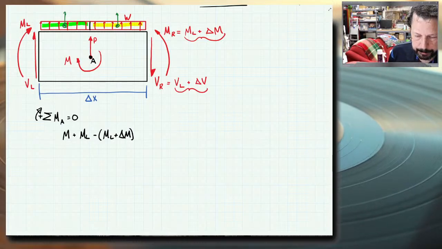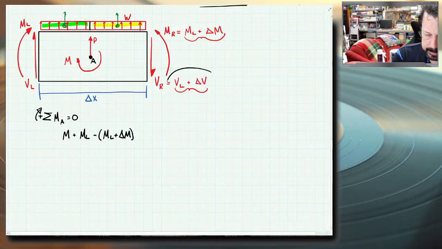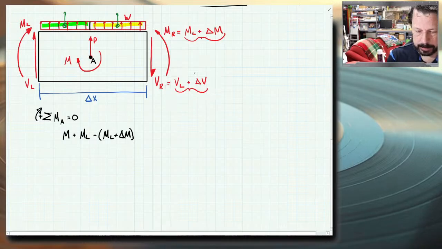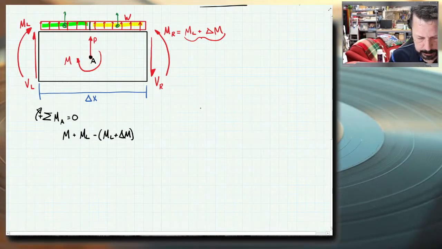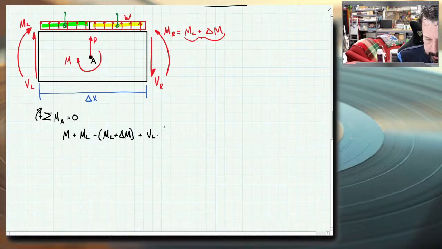All right, the other thing we have to deal with is V. Now, I do have this, but I'm actually not going to use that. I'm going to use VR and VL, and we'll deal with them some other way. So VL is plus, so VL times delta x over 2 would be its moment arm.